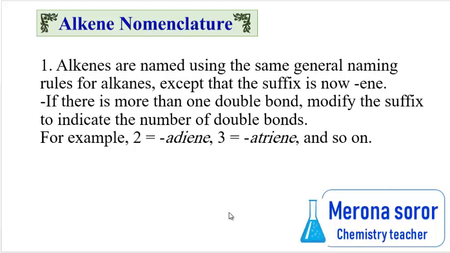Alkenes are named using the same general naming rules for alkanes, except that the suffix now is "-ene". If there is more than one double bond, modify the suffix to indicate the number of double bonds. For example, diene, triene, and so on.